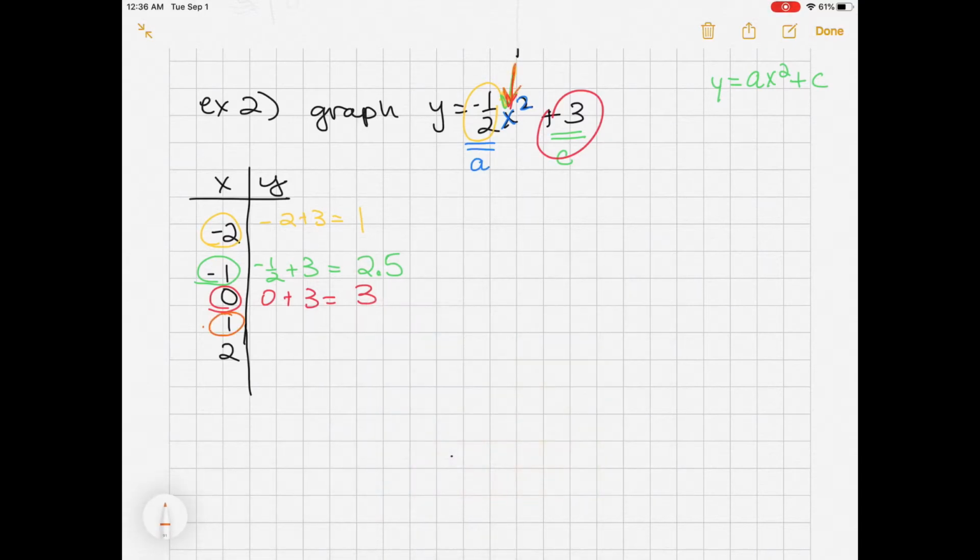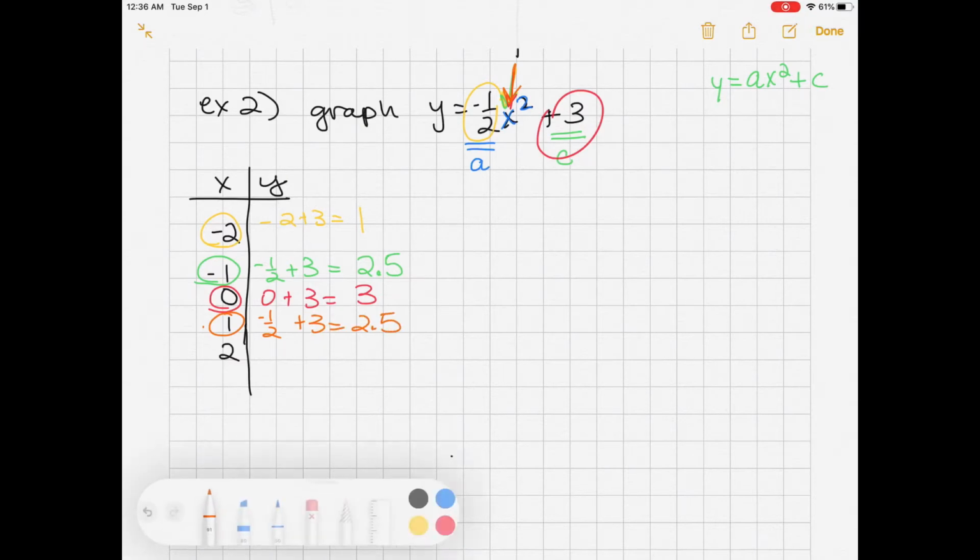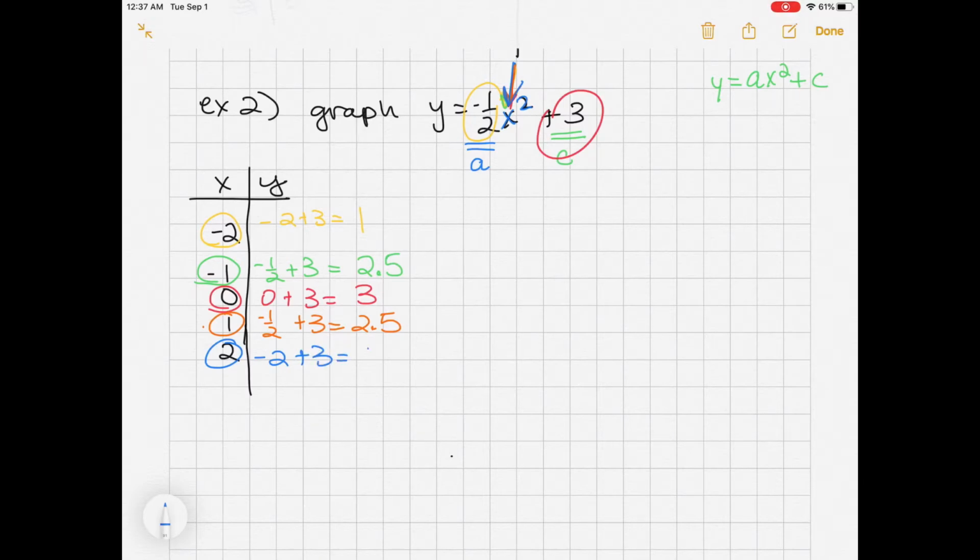We're going to plug it in right here. 1 squared is 1 times negative 1/2 is negative 1/2. Add the 3. And we get 2.5 again. Do you see a pattern? And the last one, we're going to insert positive 2 into the x squared. So that becomes 4 times negative 1/2 is negative 2. Add the 3. And we get 1.